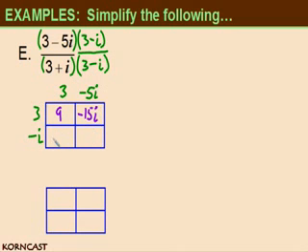Negative i times 3 is negative 3i. And lastly, negative i times negative 5i is a positive 5i squared. So the product of the two complex numbers in the numerator is 9, negative 3i minus 15i is negative 18i, and plus 5i squared.